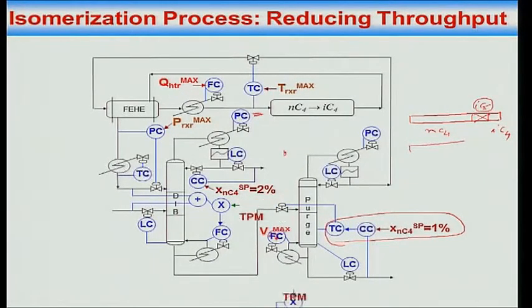See what happens is, as I am jacking up this throughput manipulator, as I am jacking up this ratio set point, this guy, V2 reaches max, right? The column reaches its flooding limit. Okay, so then what do I do? I say, well, now I am going to decrease the amount of IC4 that's circulating around.